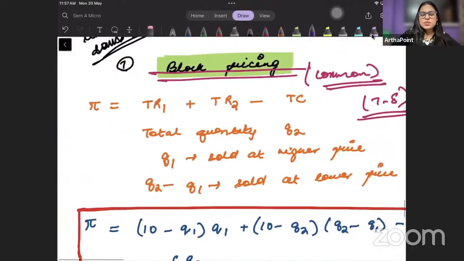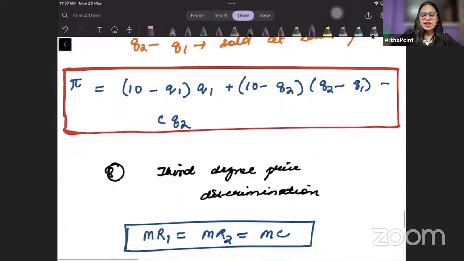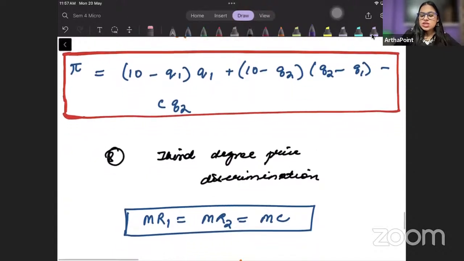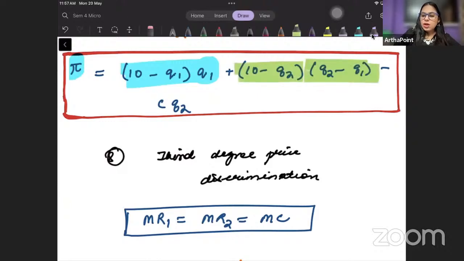So in such questions, beta, we have already gone ahead and we have done the condition. And you should remember the condition that we had gone ahead and done. उसी condition से you can go ahead and solve. The other thing that you can do is you can just make this profit function. So this will be price charged in block 1 into quantity sold in block 1, plus price charged in block 2 into quantity sold in block 2, minus the cost of producing this total quantity.